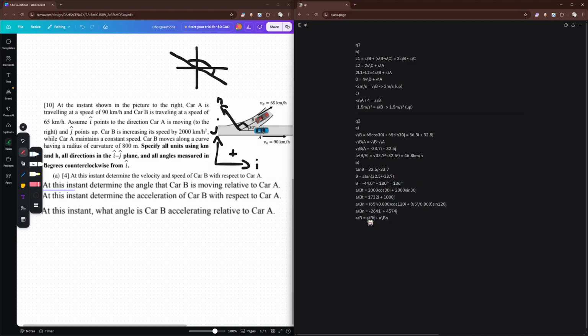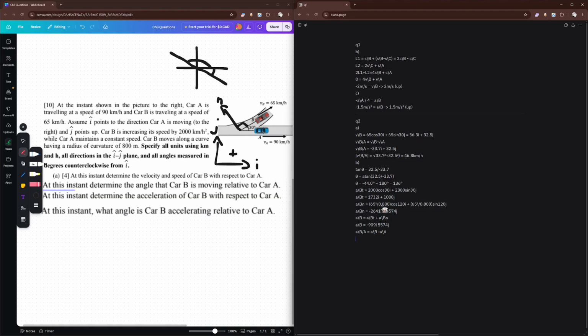But that's okay this time because we don't need to do that. So adding up all these terms gives you AB equals, so in the I we're going to have 1732 minus 2641, which is negative 909 I. And then we're going to have 1,000 plus 4574, 5574J, just like that. Okay, and now we can finally get our ABA, which is equal to AB minus AA.